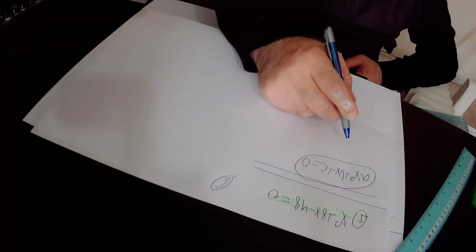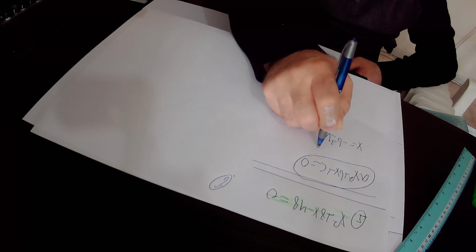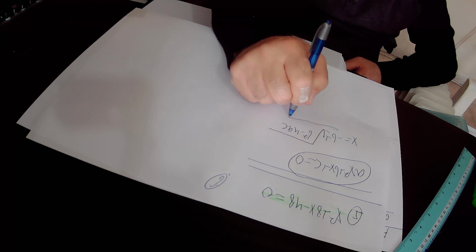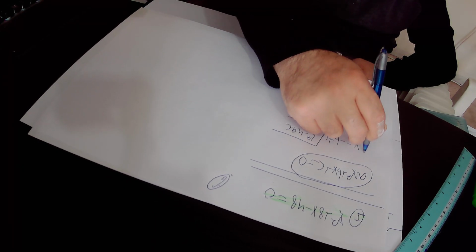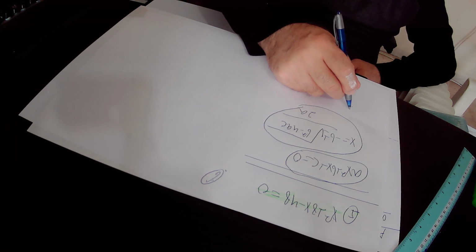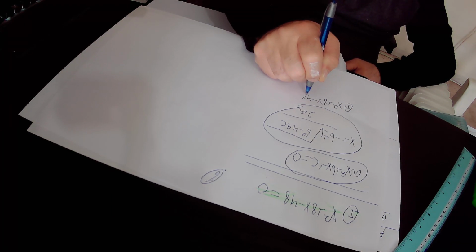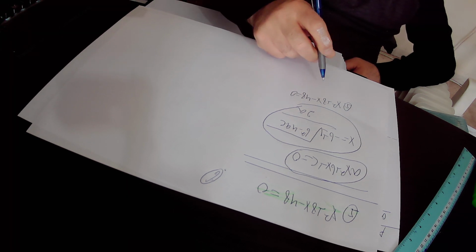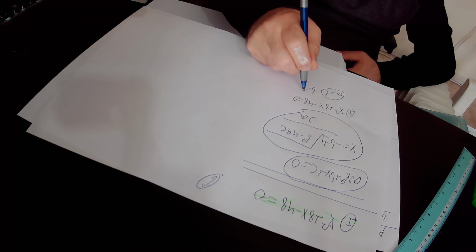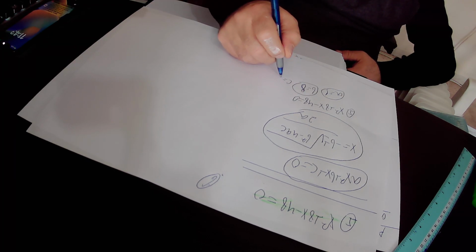And we find the value of x according to the following formula: x equals minus b plus minus square root of b squared minus 4 times a times c over 2a. In our specific quadratic equation, x squared plus 8x minus 48 equals 0, the coefficient a equals 1, the coefficient b equals 8, and finally the coefficient c equals minus 48.